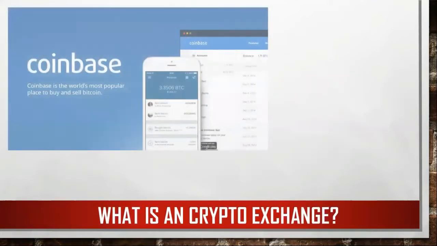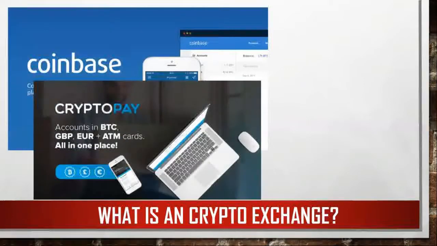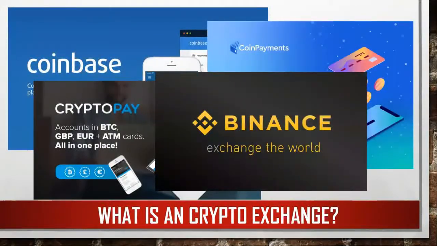Okay, so crypto exchanges I mentioned. This is where you buy your cryptocurrency. You can buy Bitcoin. CryptoPay is European, Coinbase is international. Coin Payments is one of the largest exchanges where you can basically swap your coins for most of the cryptocurrencies out there.